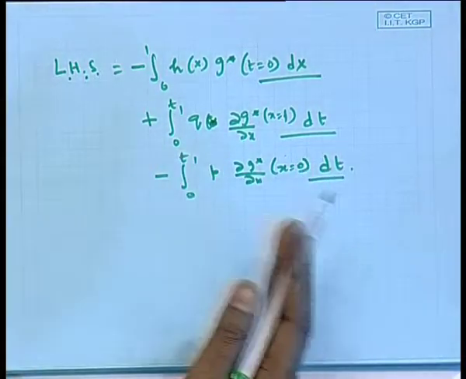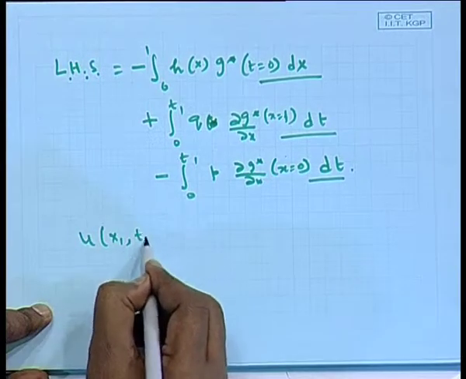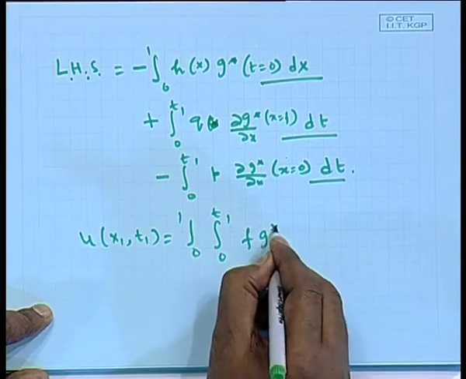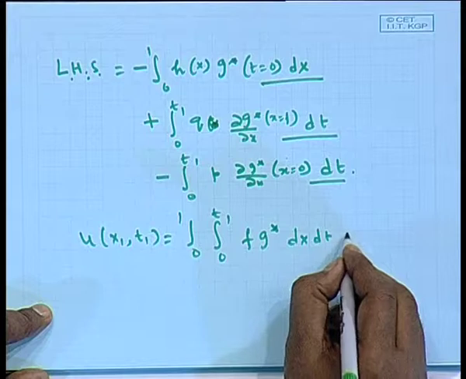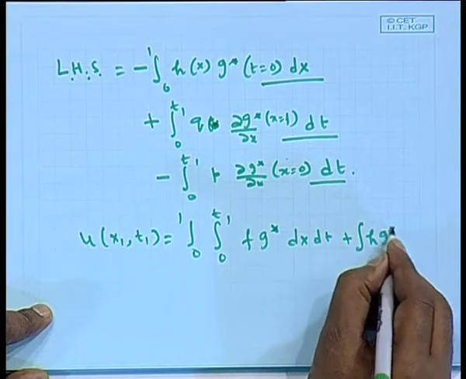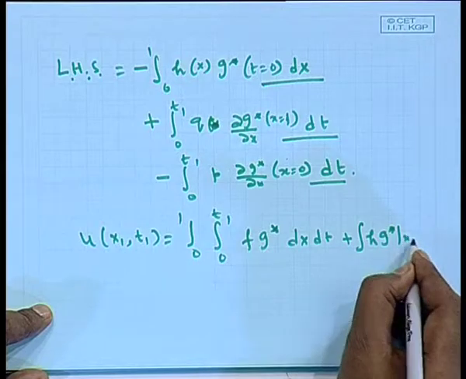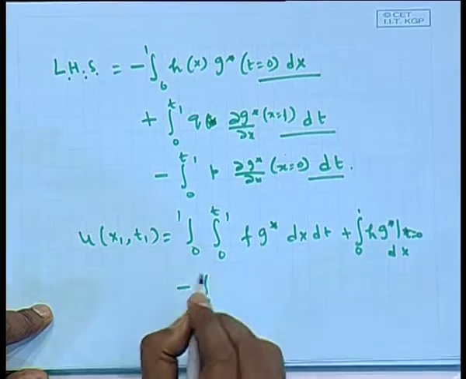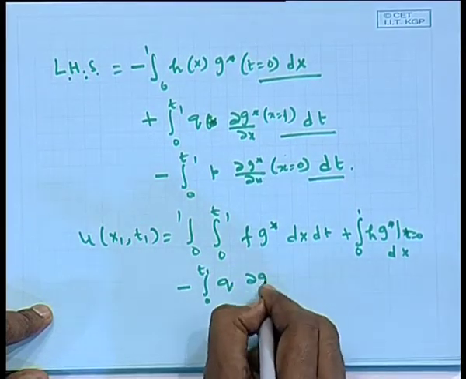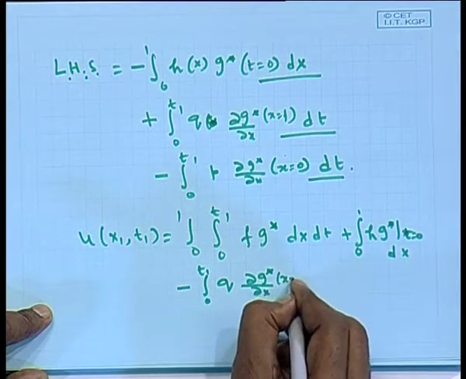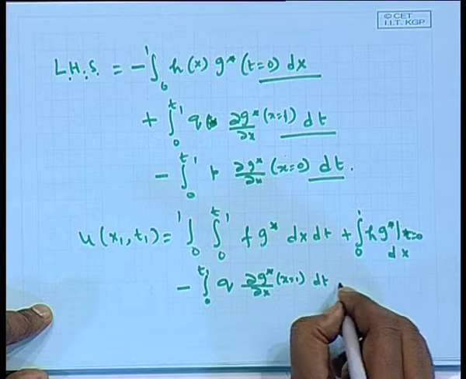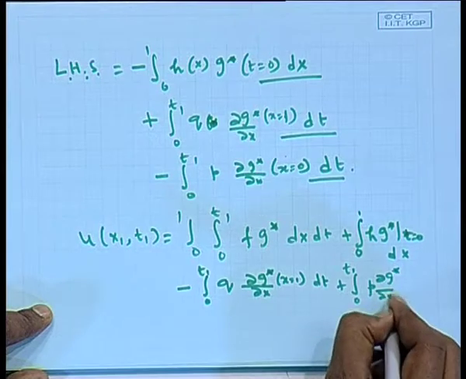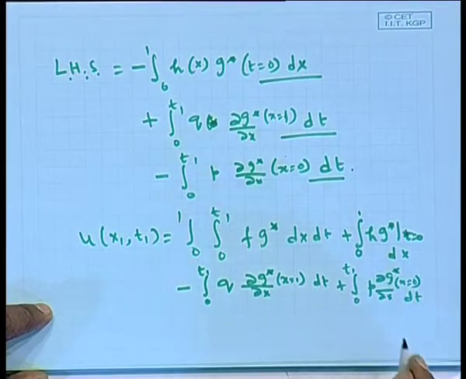Okay, then you just collect all the terms, u x1 t1 will be 0 to 1, 0 to t1 f of g star dx dt, plus h g star at t equal to 0 dx from 0 to 1, minus 0 to t1 q del g star del x at x equal to 1 dt, plus 0 to t1 p del g star del x at x equal to 0 dt.